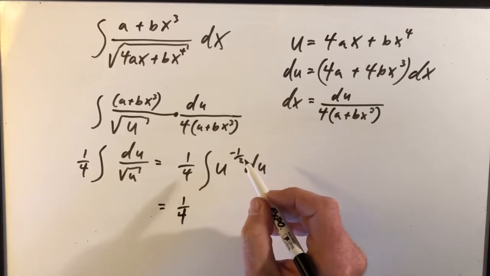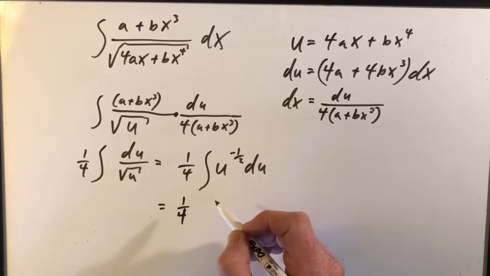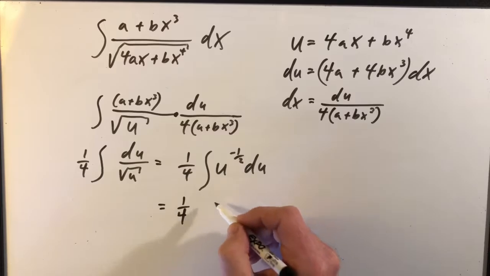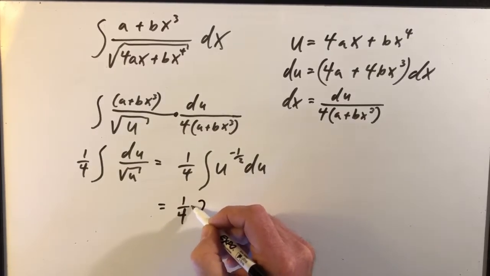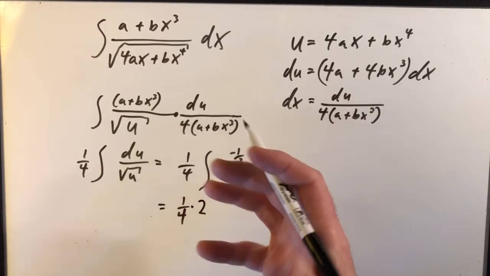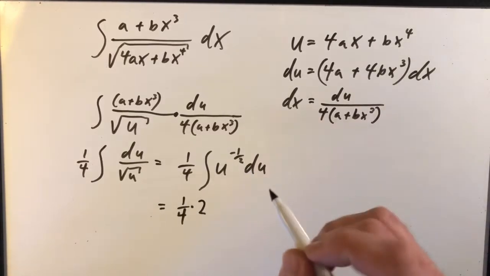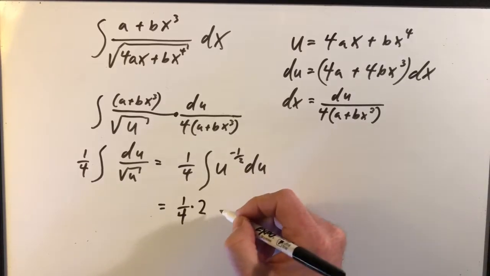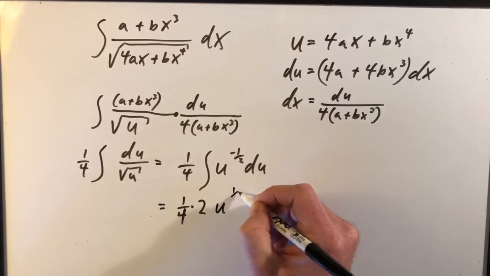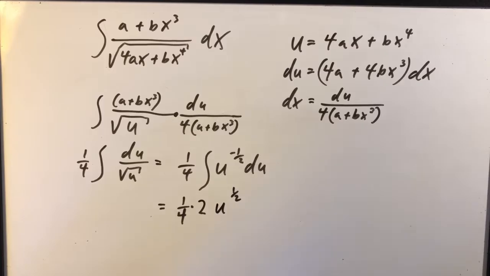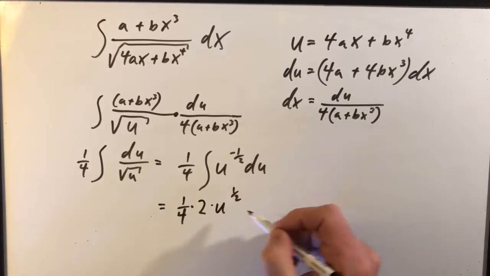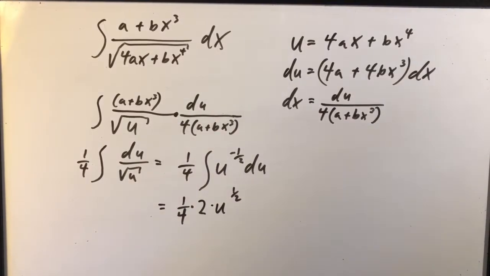This is always something I pause and take a look at. Adding 1 to negative 1/2 makes it plus 1/2, and then you take the inverse of it, which is a 2, and multiply it out in front. So that's our integration right there, and then it's plus c, of course.